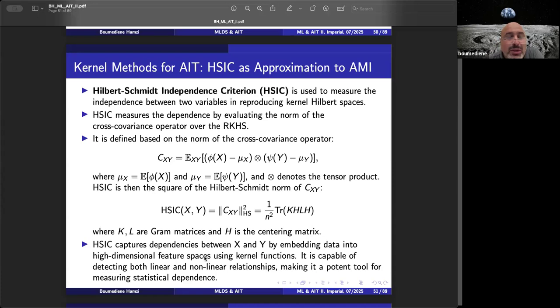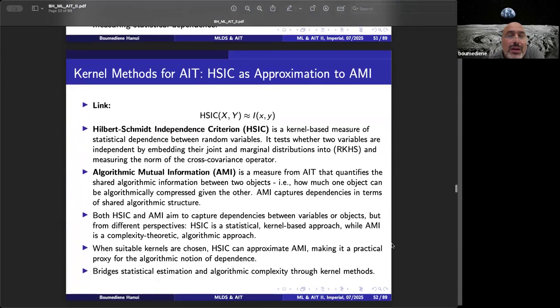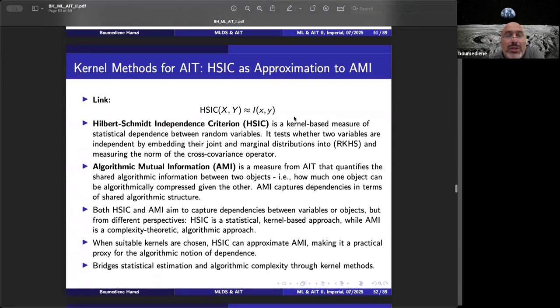HSIC captures dependencies between X and Y by embedding data into a high-dimensional feature space using kernel functions, and it is capable of detecting both linear and nonlinear relationships, making it a good tool for measuring statistical dependence. Here we prove that HSIC is an approximation of algorithmic mutual information.